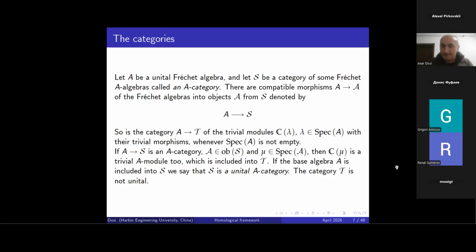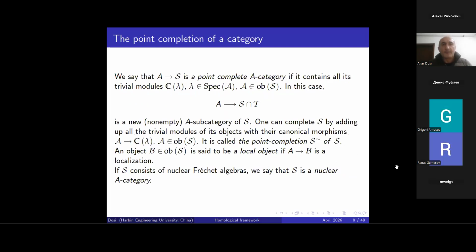Again, what is point complete? S may contain all trivial modules or not. If it does contain all trivial modules of all its objects, then we say that it's point complete. Like all trivial modules, all points there.